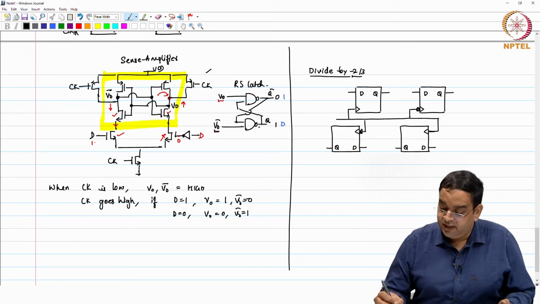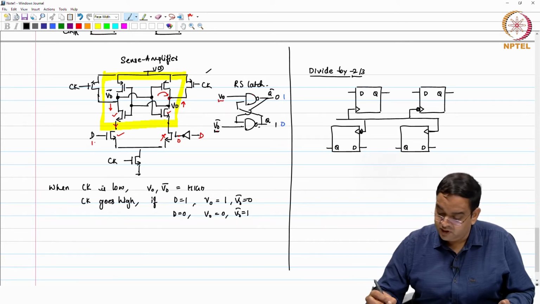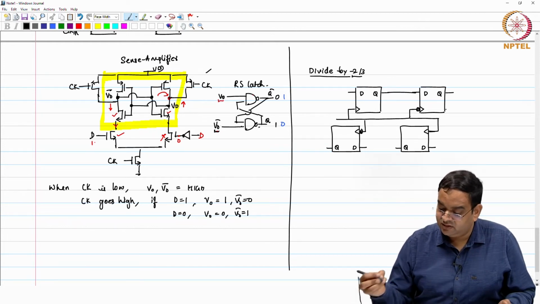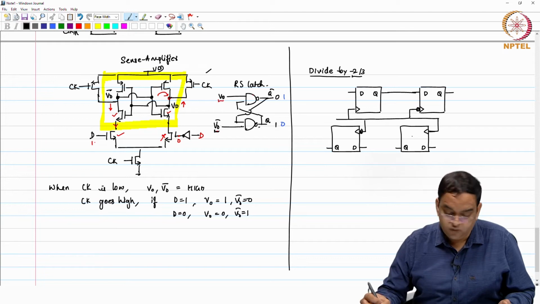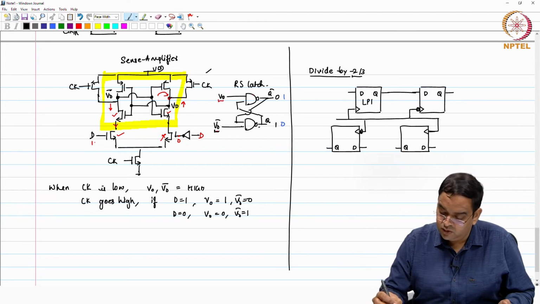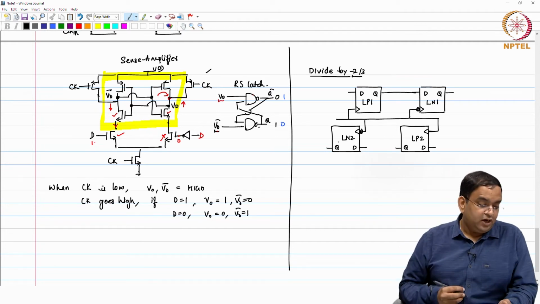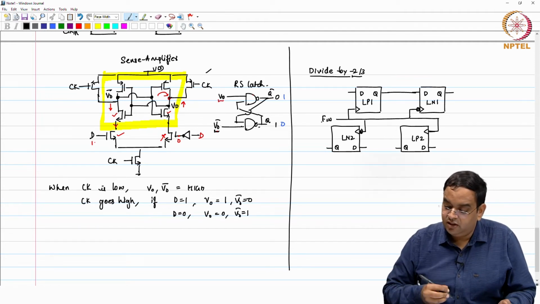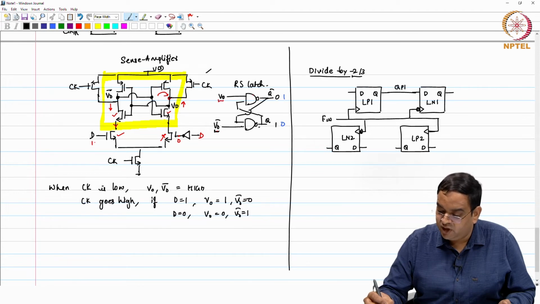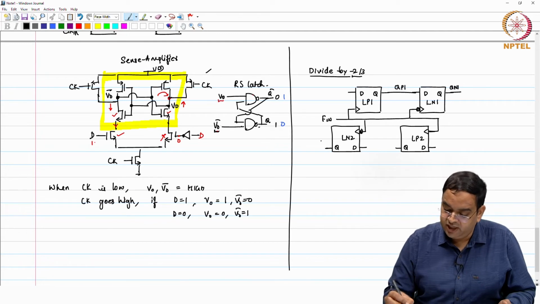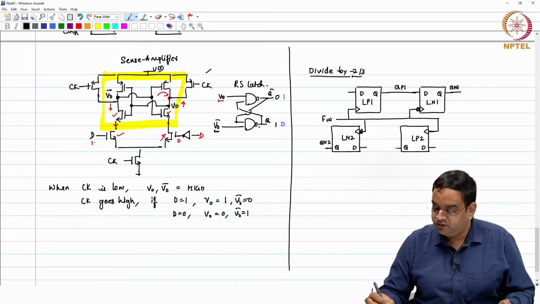Then the outputs of the ones clocked at the rising edge, I call LP1 and LP2, and the ones at the falling edge, I call LN1 and LN2. The input is the input frequency. The outputs of these latches are QP1 and QN1. This one is QN2 and this one will be QP2.